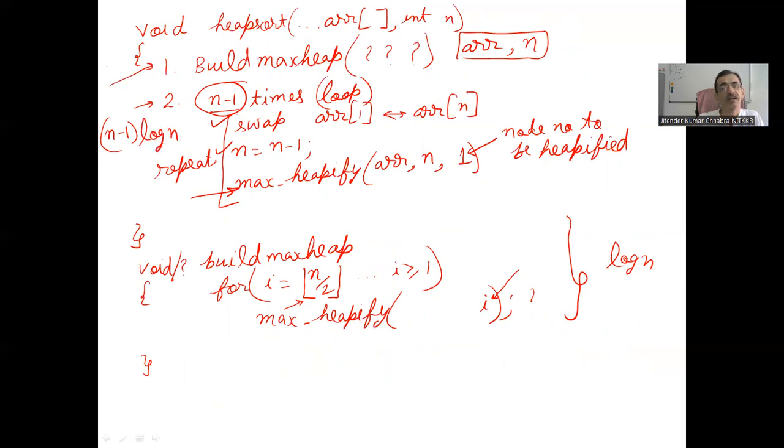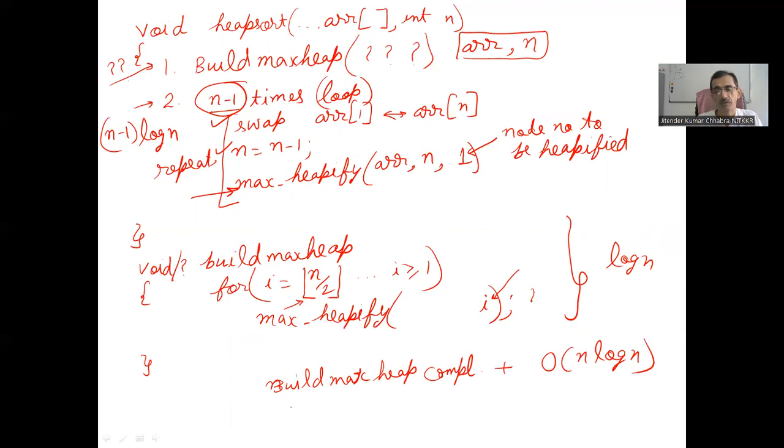And I have to find out the complexity of build max heap. So my time complexity becomes build max heap complexity, plus order of n log n. So I have to find out how much this is.